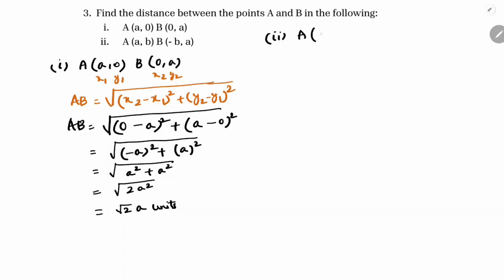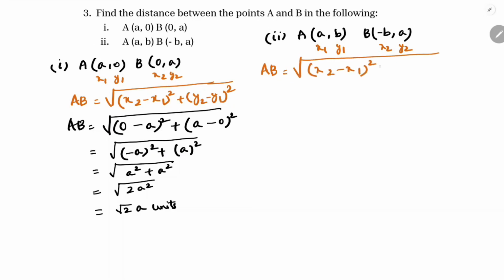The point A is (a, b) and B is (minus b, a). Now here I'll consider x1, y1, x2, y2. So the distance formula, if I write again here, is under root (x2 minus x1) whole square plus (y2 minus y1) whole square.